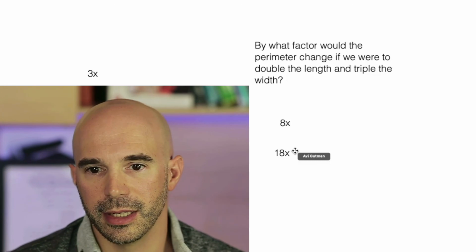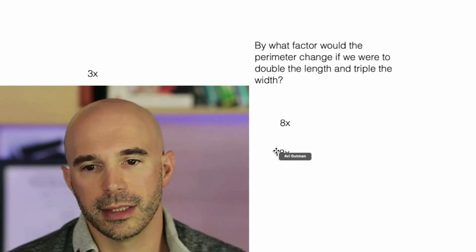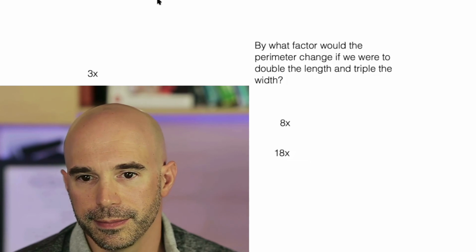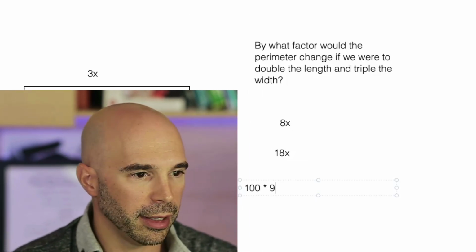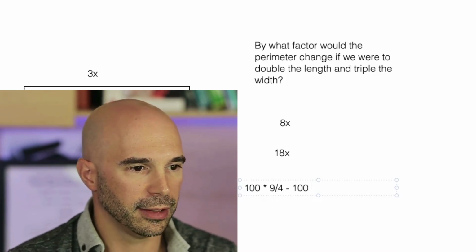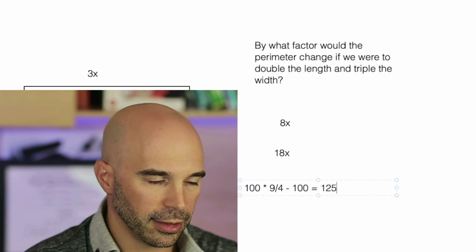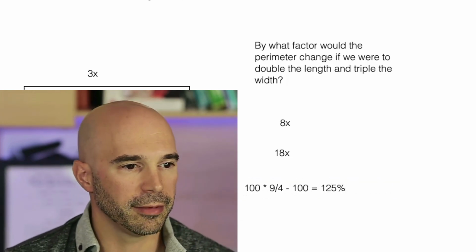Yes. It's getting multiplied by 9/4, or if you prefer percent change, it would be increasing by 125%. The reminder of how we go from change factor to percent change is we multiply 100 times the change factor and then multiply back out that 100 to get the percent change, which in this case would be 125%.